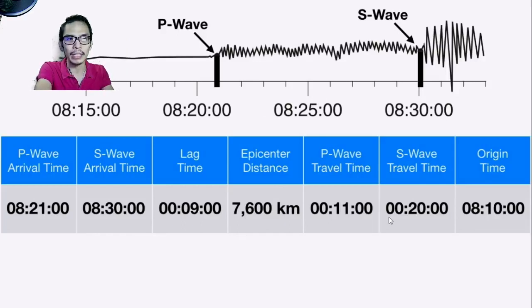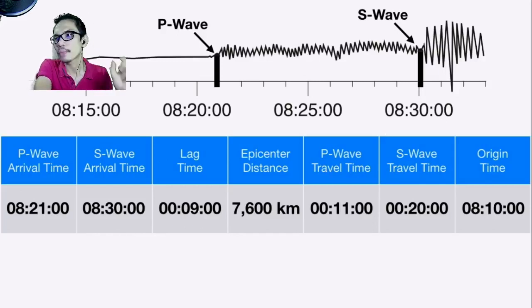How long did the P-wave travel from the epicenter to the place where the seismograph is located? 11 minutes. Also, the S-wave traveled for around 20 minutes, and both waves have an origin time of 8 hours and 10 minutes. Alright, so that is how you interpret your seismograph reading.